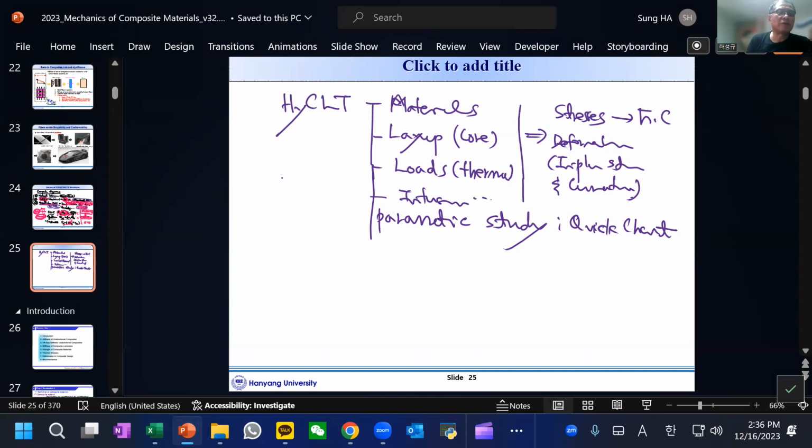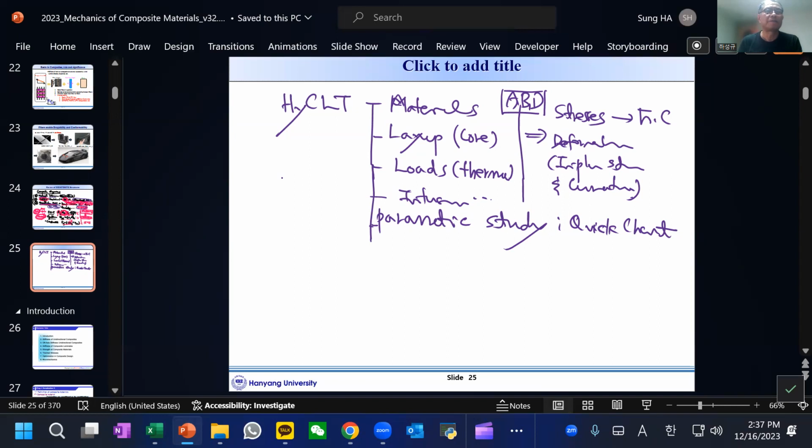You can perform the parametric study very effectively using the quick chart. Of course, in between, you can have an ABD matrix, and you can perform the parametric study.